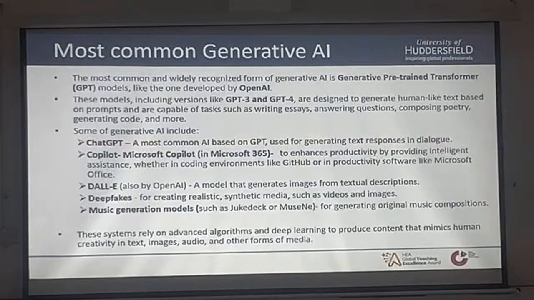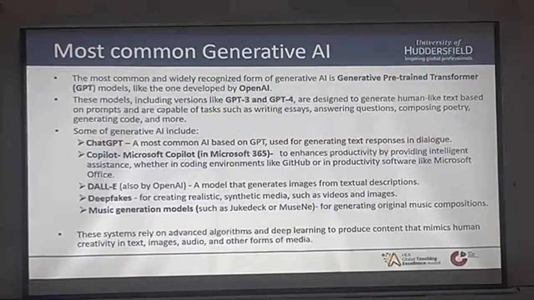In academia, there are several AIs. There are more than 100 different AI tools people use these days in different disciplines. Today we will focus mainly on the most commonly used and most recently developed, which is ChatGPT.